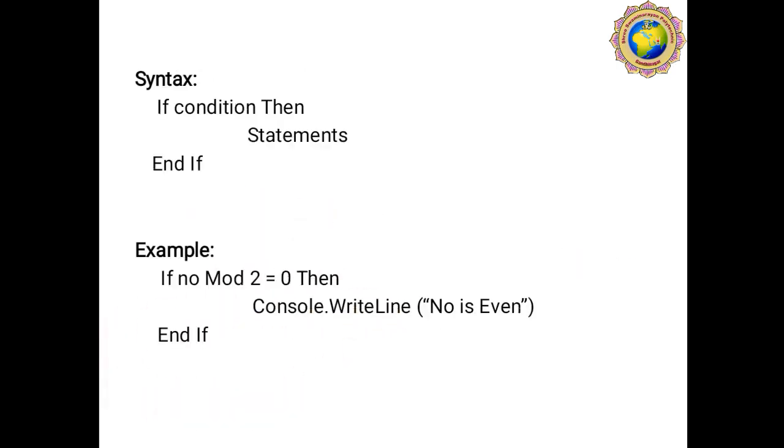Next, here is the syntax of the if statement. We write the keyword If, then give a condition, and then give a statement. This is the syntax of a VB.NET program. This is not C or C++. Once again, keep in mind that here we are studying VB.NET, the Visual Basic .NET programming language. The concept is all the same, but the syntax is different.